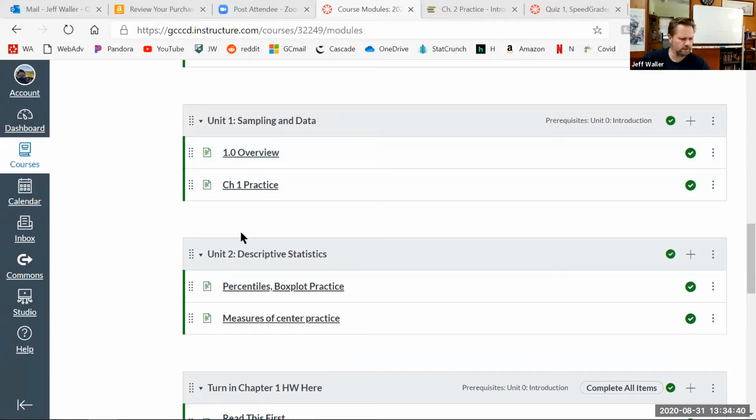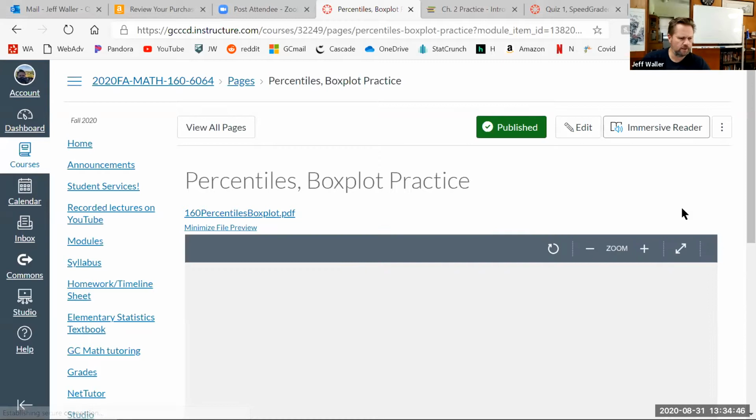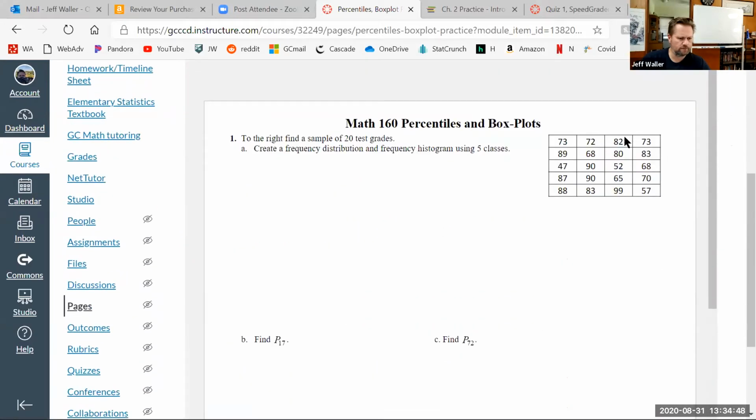Whoever just logged in, go to Canvas, go here, and then click on this bad boy. So I want to start off with reminding you how to get this in the calculator and get it sorted, because that's going to make all of this much easier. Because the very first thing I want you to do is create a frequency distribution or frequency histogram. A little practice on that, because we haven't actually had practice on that yet, so we might as well do that beyond homework.